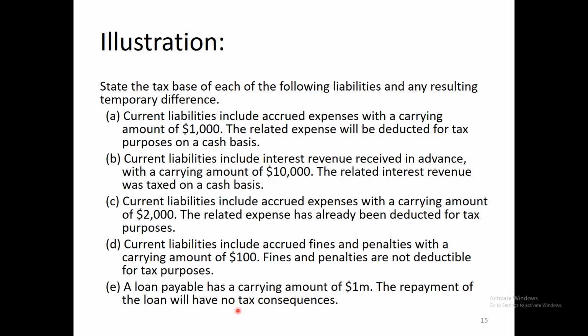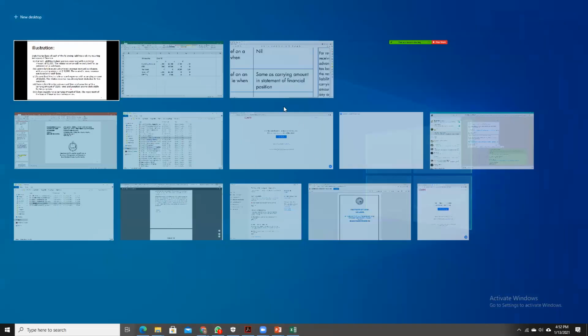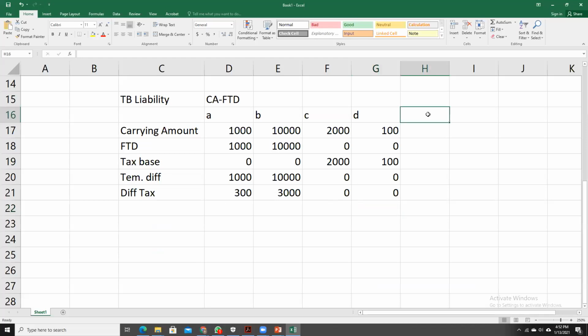No tax deductions. It means there's no tax in future. Carrying amount here is 1 million. Are there any deductions for this? No. And tax base? 1 million. And temporary differences? 0. And deferred tax? 0. That's all. Right.